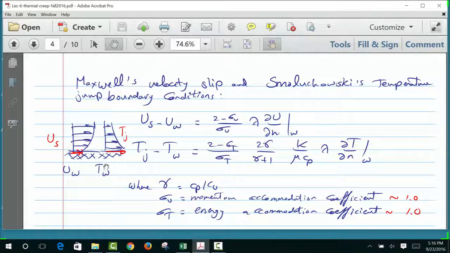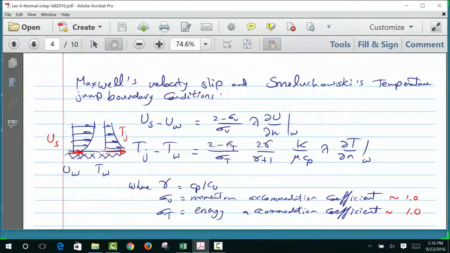So if the wall is T-wall, 100 degrees up there and 50 on the other side, you would expect that the temperature of the fluid is also 100 degrees. But again, just like the slip of the velocity, there is also a temperature jump.